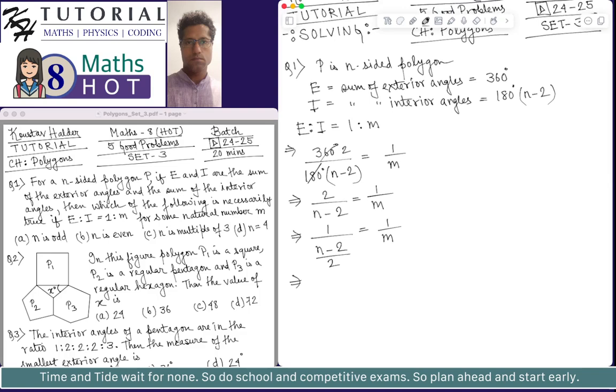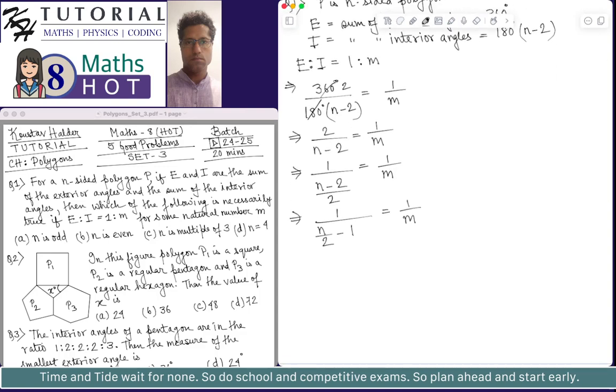Further simplifying the denominator of the LHS, we get 1 by n by 2 minus 1 is equal to 1 by m.